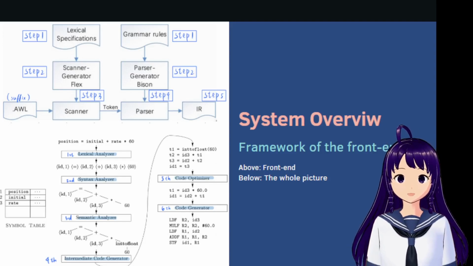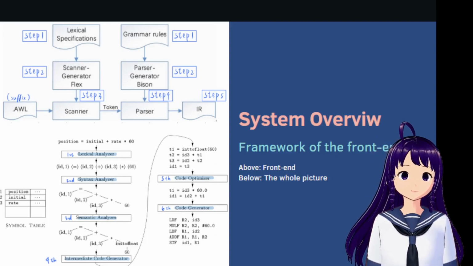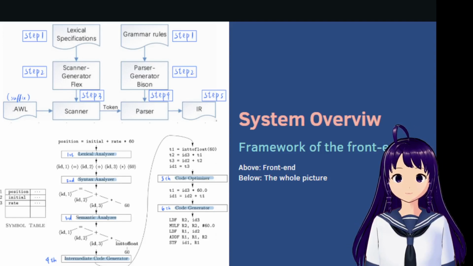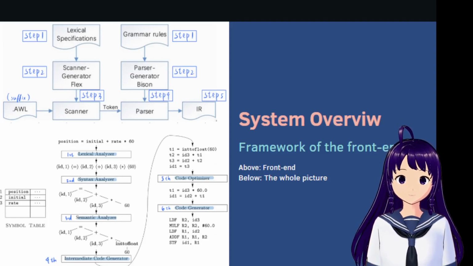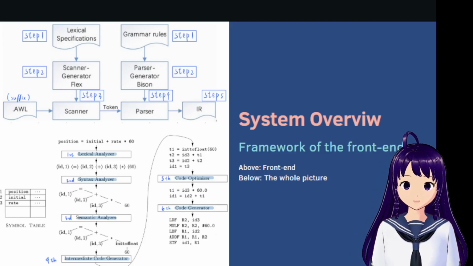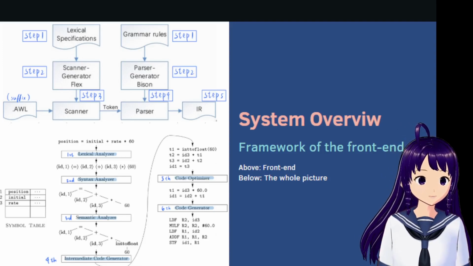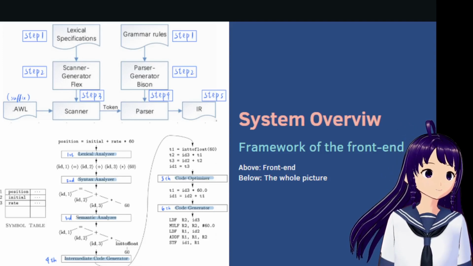In system overview, something familiar, right? The graph below was taught before midterm, and the one above is the structure we use. Step 1. We got the lexical specification and the grammar rules. Step 2.